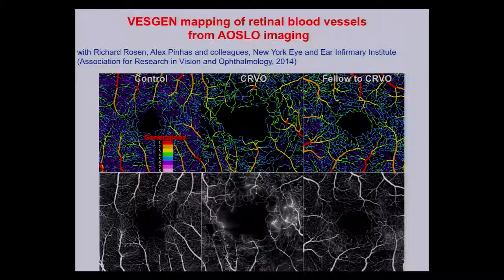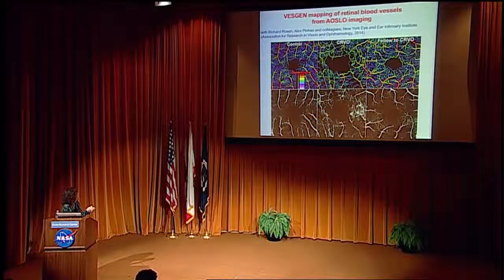So working with Richard Rosen and others at the New York Eye and Ear Infirmary Institute, we're beginning to use the VESGen for these kinds of new imaging technologies. And what you can see when we do have the quantification, I'm sorry, I can only really provide the maps in the scope of this talk, but central retinal vein occlusion is a common retinal visual impairing disorder.